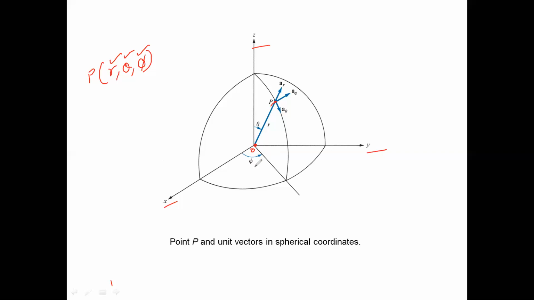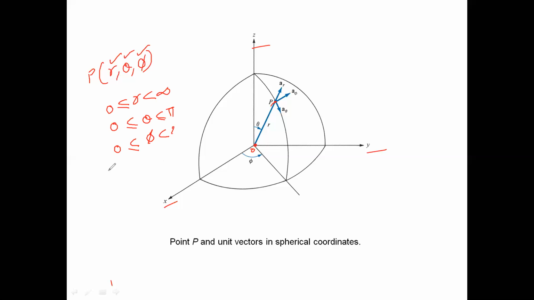Now we will look into the ranges for these three coordinates. First, r ranges from 0 less than or equal to r less than infinity, for theta 0 less than or equal to theta less than or equal to pi, and for phi, the azimuthal angle, 0 less than or equal to phi less than 2 pi.